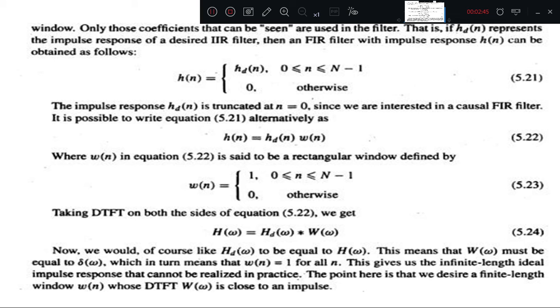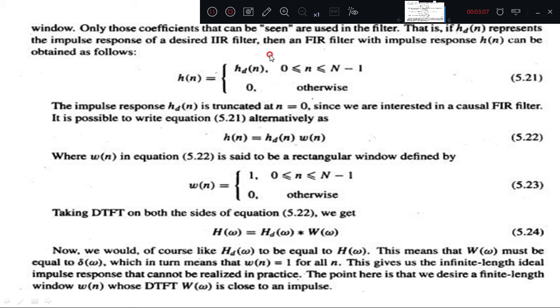So how to truncate? Truncating the impulse response is nothing but multiplying the impulse response of the IIR filter with the window function. There are different window functions in digital signal processing. We will study those one by one later.